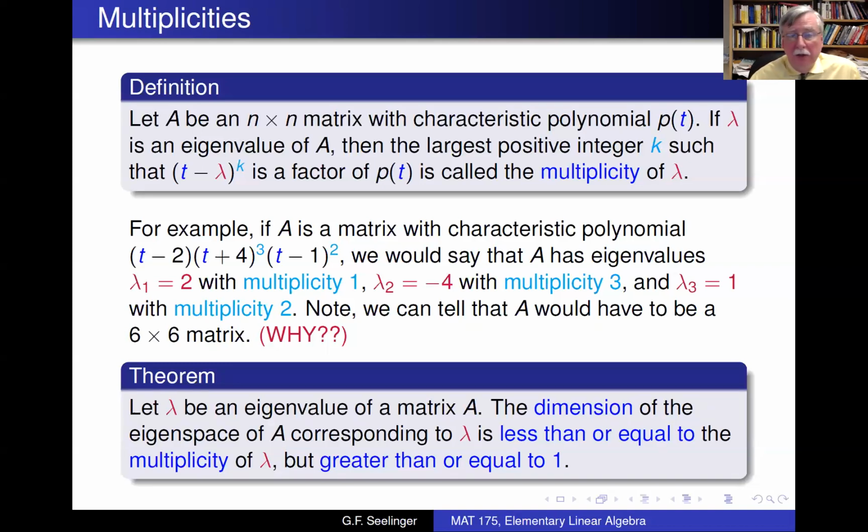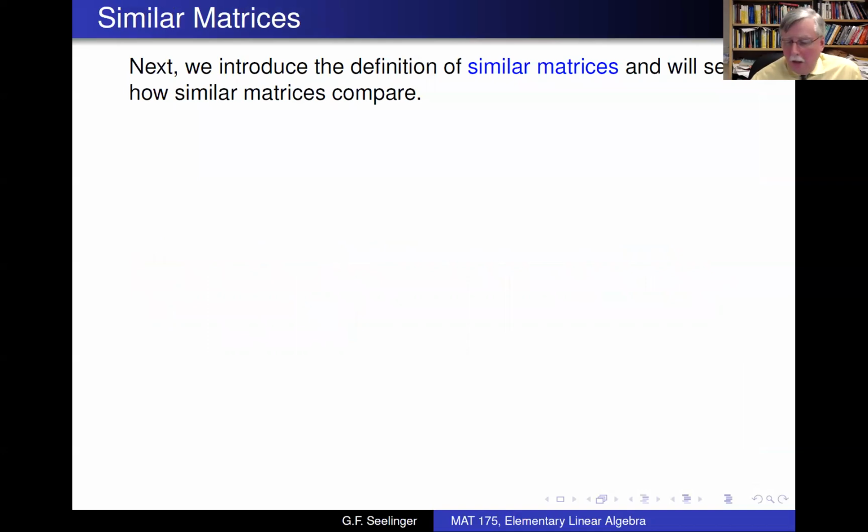We can construct examples where it only has dimension 1 or dimension 2. We're not really going to prove this theorem, because it's beyond the scope of the course, but it's useful to know, and we're going to use that theorem.